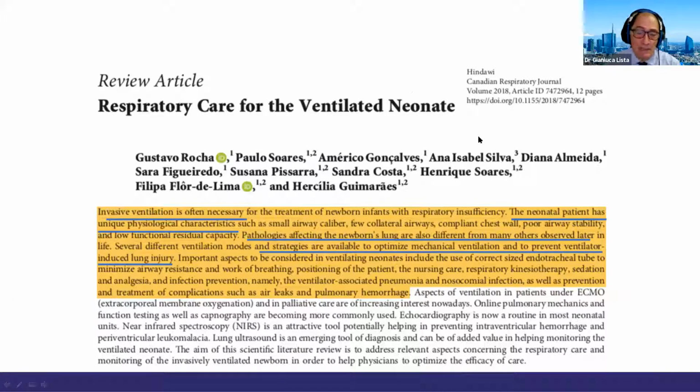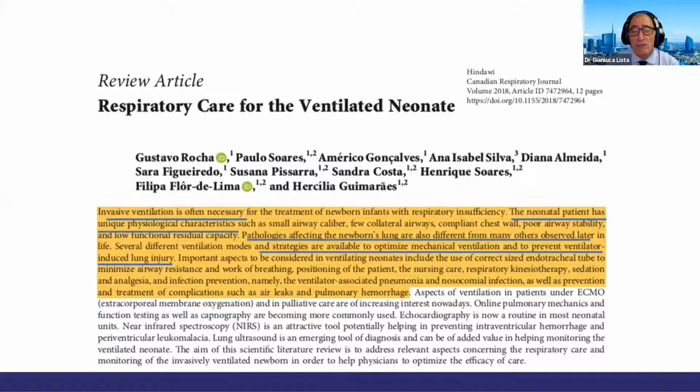And we have to remember that the neonatal patient has unique physiological characteristics, such as small airways, few collateral airways, a very compliant chest wall, and low compliance of the lung. And we have to remember that the pathologies affecting the newborn lungs are very different from the pathologies that affect the lungs in later years, in children or adults.